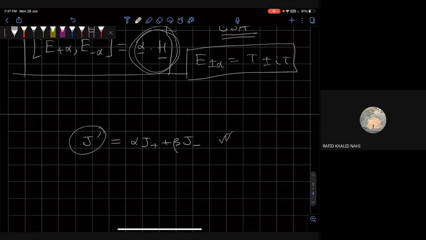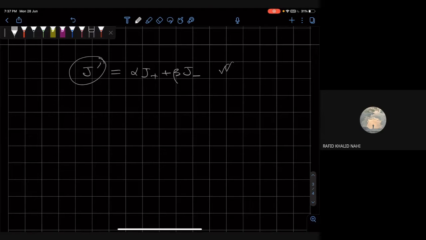Okay, so the idea is something like this. J squared, if you express it in j plus and j minus, that's the easiest way of doing it. J squared is j1 squared plus j2 squared plus j3 squared. J squared commutes with all the j's, right?